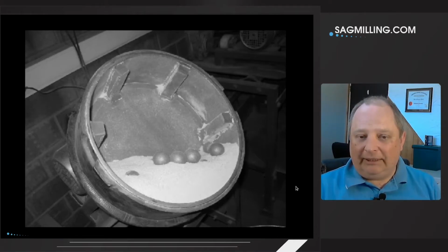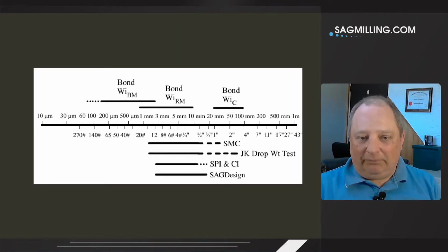It's also used in the SEAT model, which is used in some of SGS's solutions. So basically there's three tests that are used for that intermediate size class depending on what type of model you use. There's a rod mill for bond models, there's a drop weight tester for MI models, and there's this SPI or SGI mill used for SGI type models.